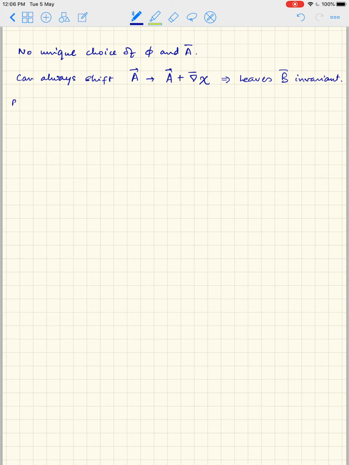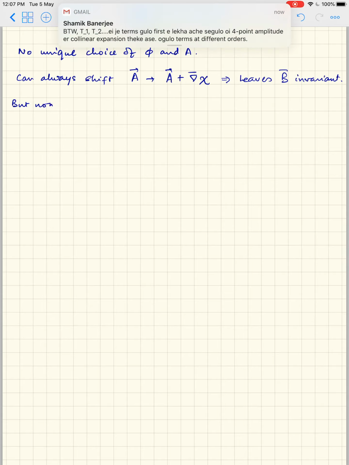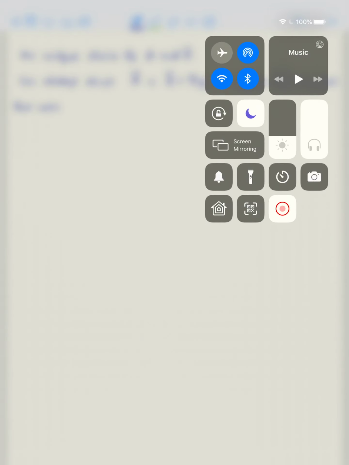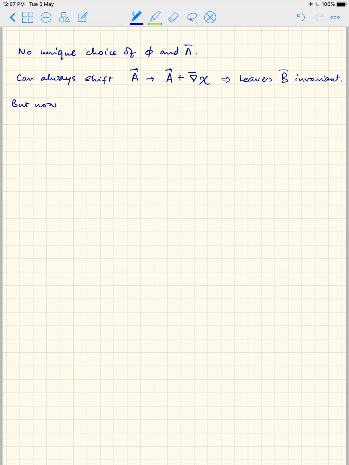But now what we need to do is we need to also shift phi to keep E invariant.